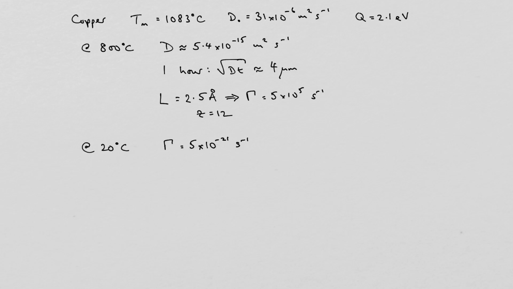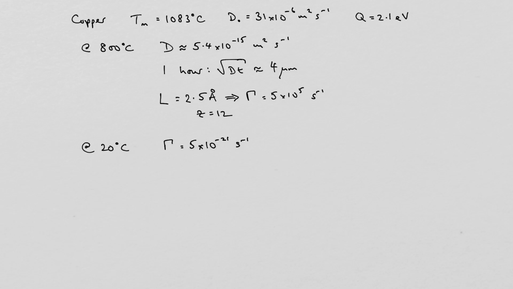I know these values. I know the diffusivity. I can then work out from my equations what gamma is. Here is the gamma at 20 degrees C, room temperature. That is 1 jump per 10 to the 12 years. Okay?